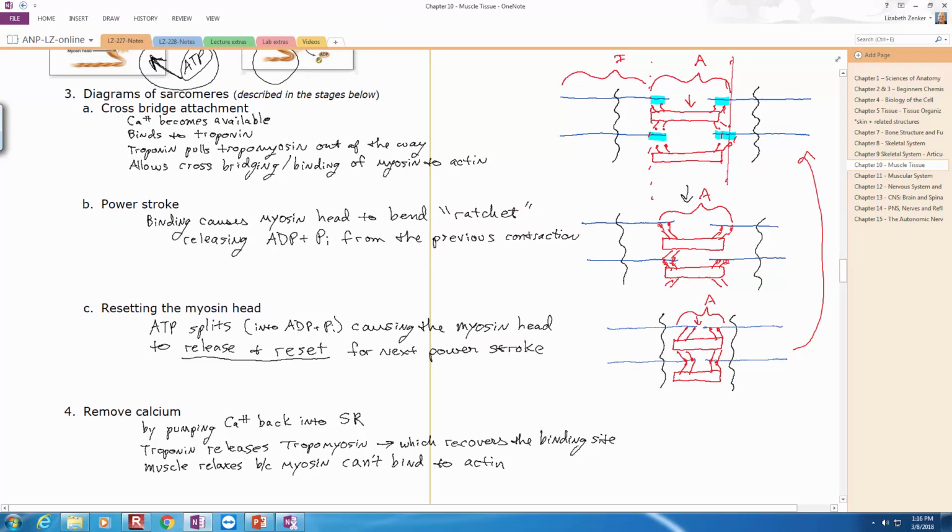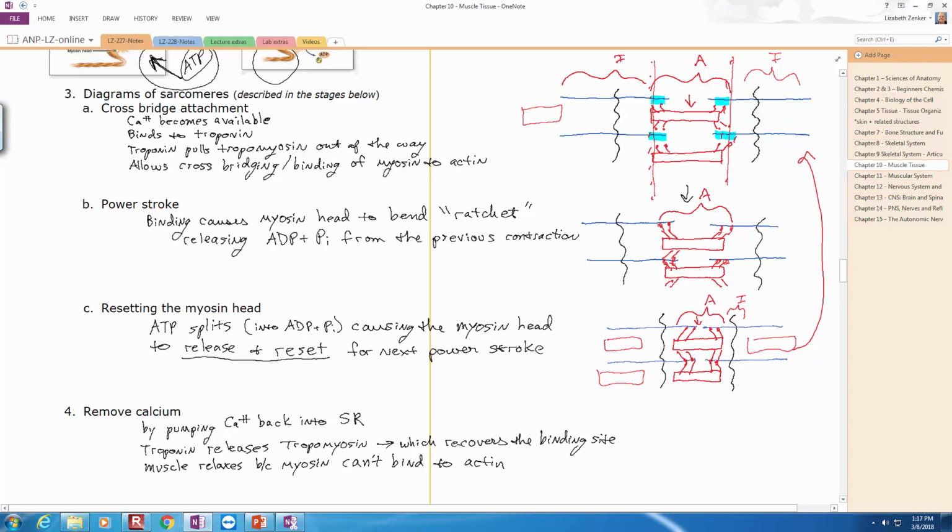So this area would be the I band until wherever the next myosin was. Okay, so the Z disc is in the middle of the I band. And so what happens in here is, will the I band change length when you contract? It does, because if we had myosin and actin overlapping in here, now your I band is only here.